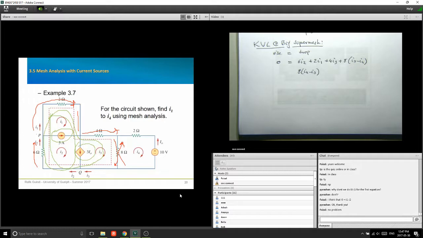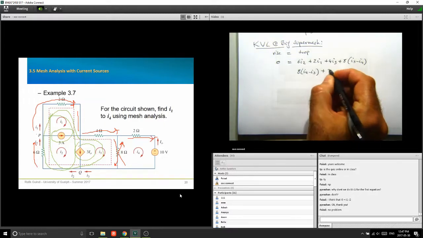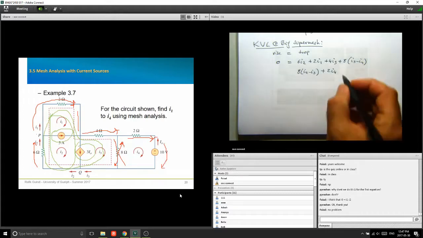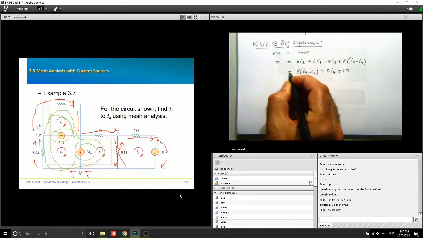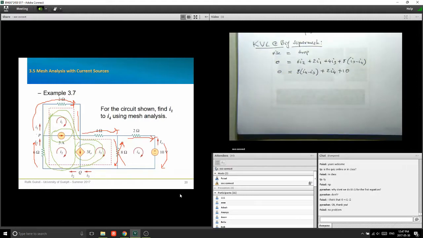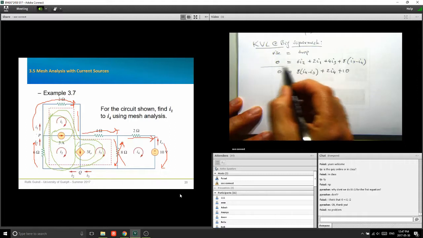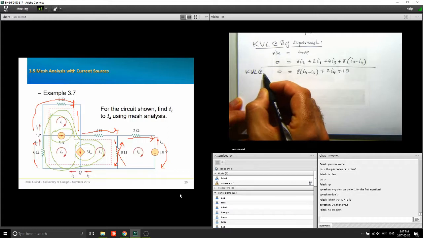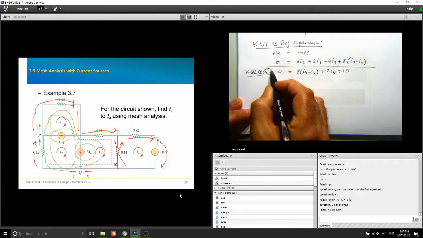And then in this direction, you have a drop of 2I4. And then finally, if you go like that, you have a drop of 10 volts. All of that is equal to 0. There. So this one is the super mesh. This one is KVL around loop 4.